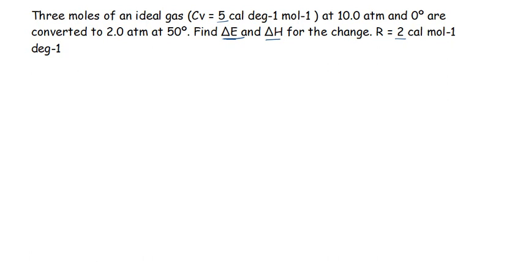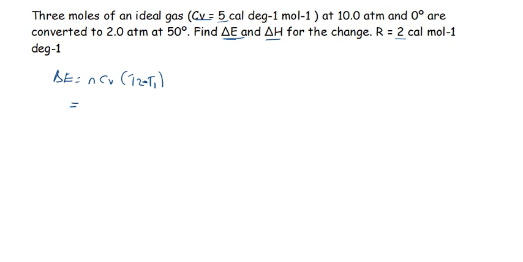So what we need to do is, since I have CV here, I will relate the change in internal energy as equal to the number of moles, then CV, then delta temperature. From here it's just a matter of substituting.